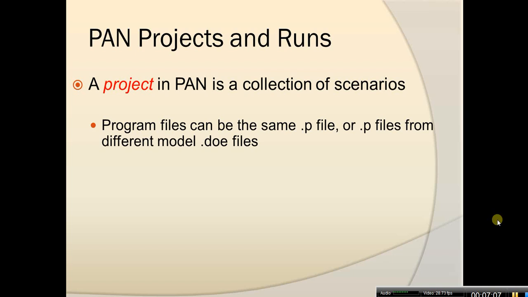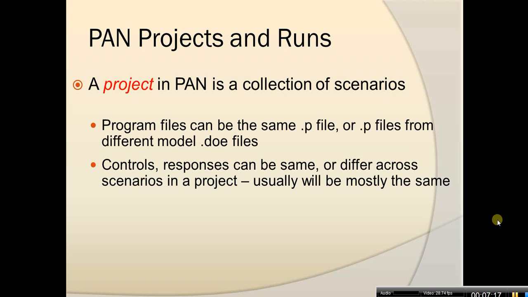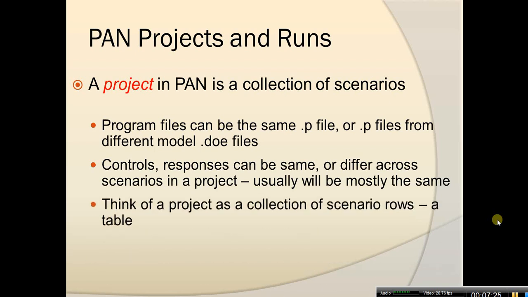And the program files can be the same .p files or .p files from different model .doe files. And again, controls and responses can be the same or differ across scenarios in the project. Usually they will be mostly the same. And then you can think of the project as a collection of scenario rows, or a table. And that will all make sense as you see my demonstration.